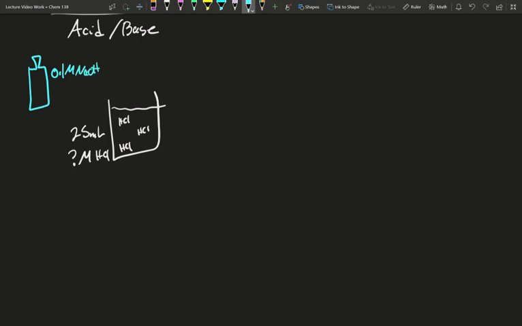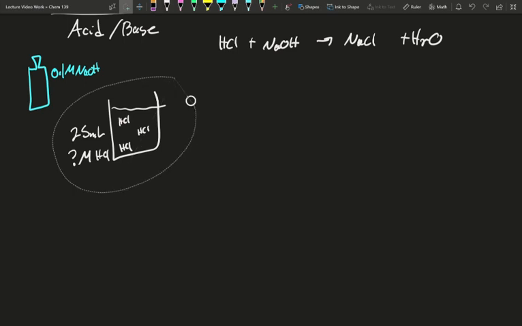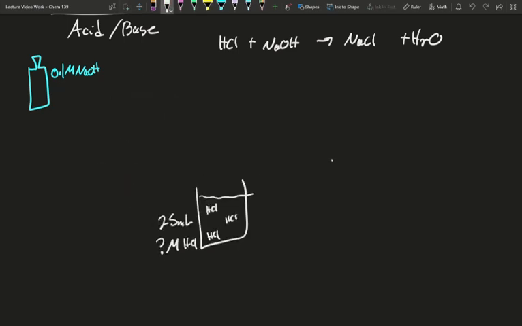I can buy it, I can make it, however you want. I know the concentration of my sodium hydroxide. HCl plus NaOH goes to NaCl plus water. Using this method, we can actually solve the molarity of that unknown HCl solution.